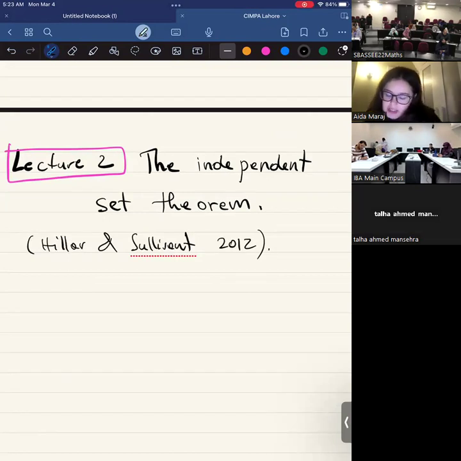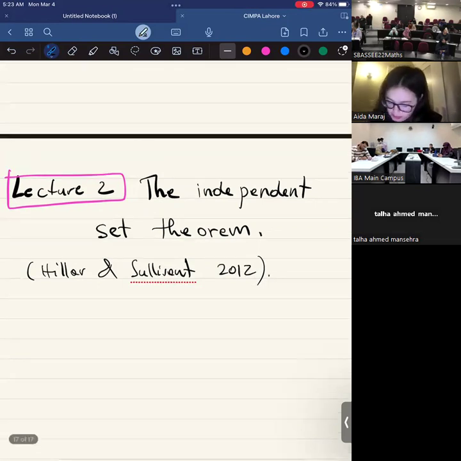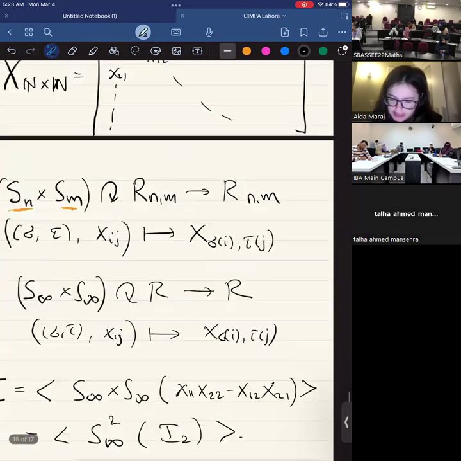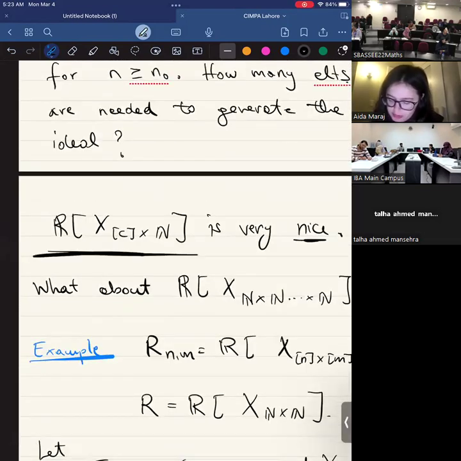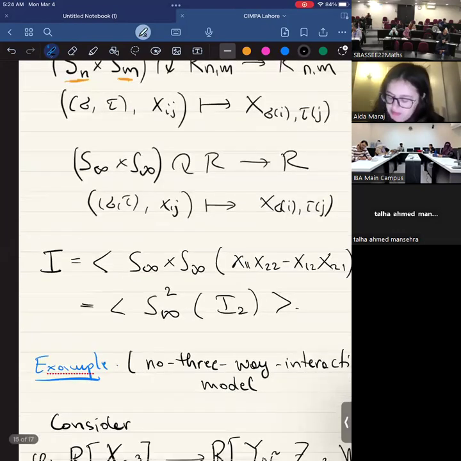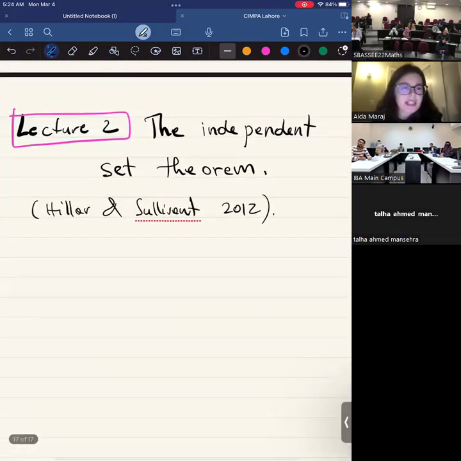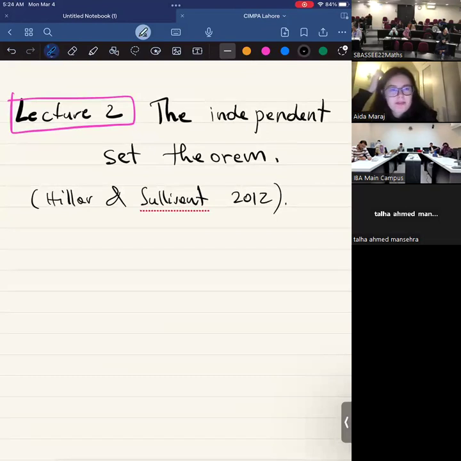Okay, so the idea is: how do we manage outside that nice polynomial ring that we said, outside where we were? So when we are not here, what do we do? There is hope, and that's what we will see.